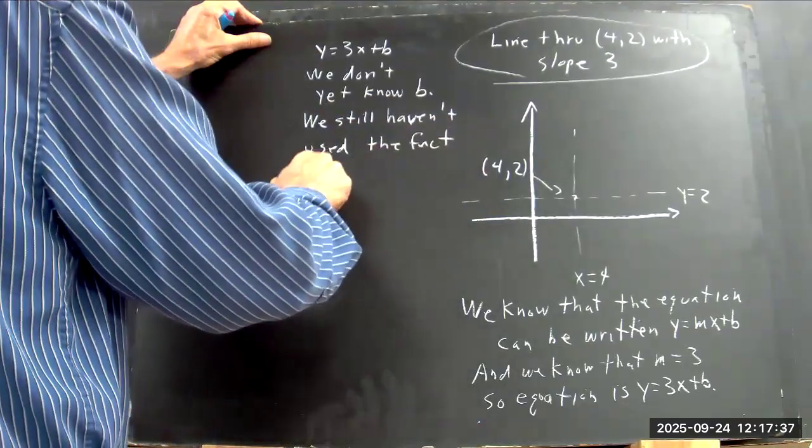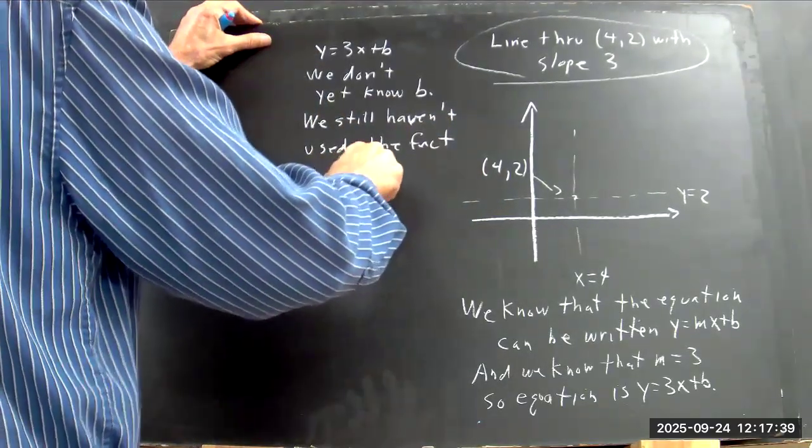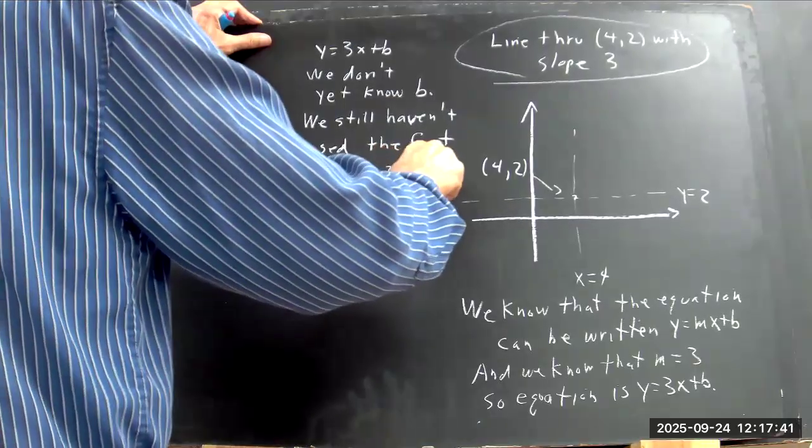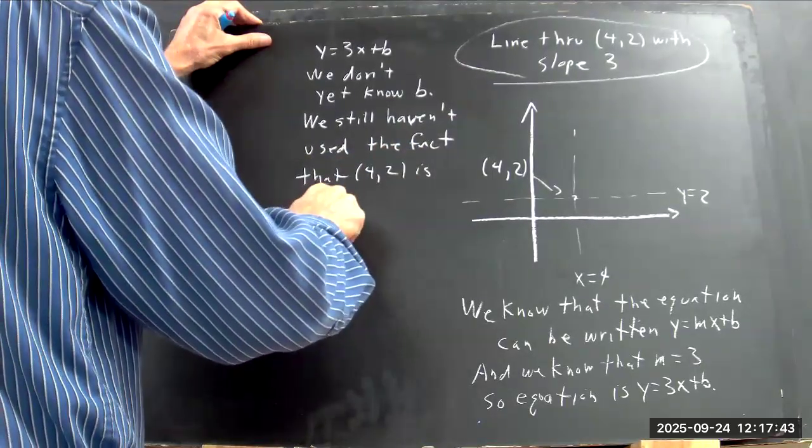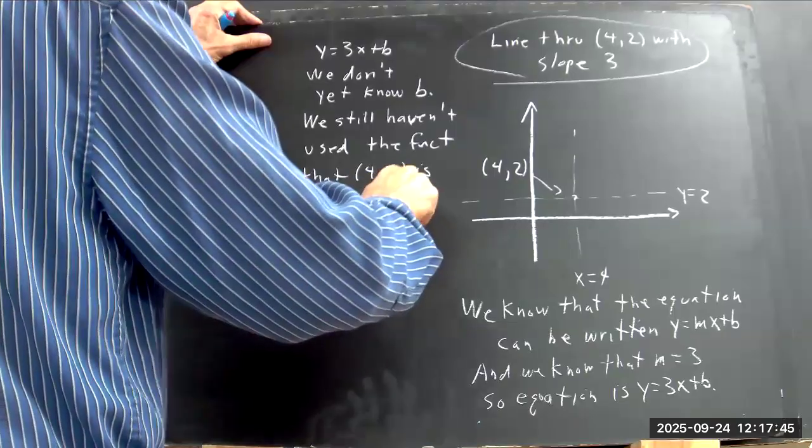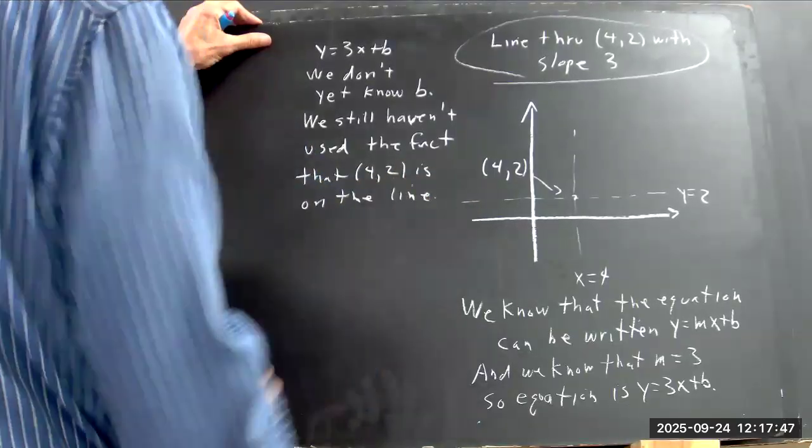We still haven't used the fact that the point 4,2 is on the line.